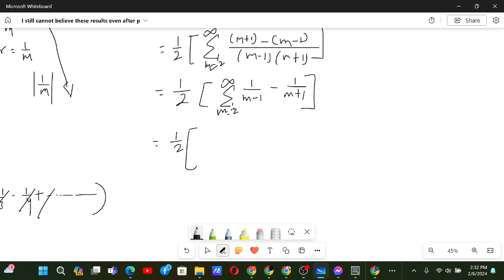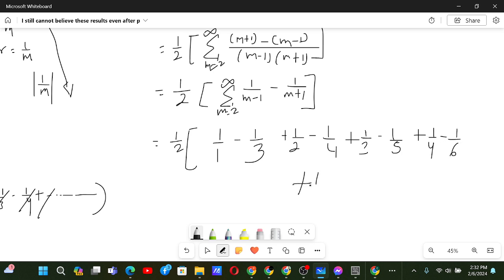So basically at m equals 2, we have 1 by 1 minus 1 by 3, and then at m equals 3, 1 by 2 minus 1 by 4, and then 1 by 3 minus 1 by 5, and then 1 by 4 minus 1 by 6, and then 1 by 5 minus 1 by 7, and this goes on. Now let's see the cancellations.